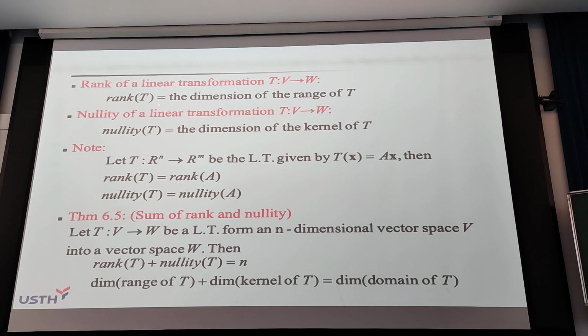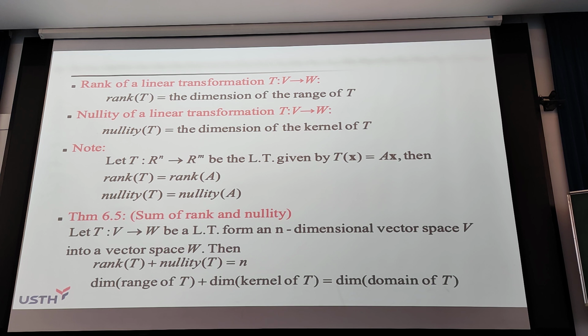The first one: for a linear transformation T from V to W, we define the rank of T, that is the dimension of the range of T. And the nullity of the linear transformation T will be defined to be the dimension of the kernel of T. So you know, given a linear transformation T, we have the kernel in the domain and the range in the codomain. The dimension of the kernel will become the nullity. The dimension of the range will become the rank of T.